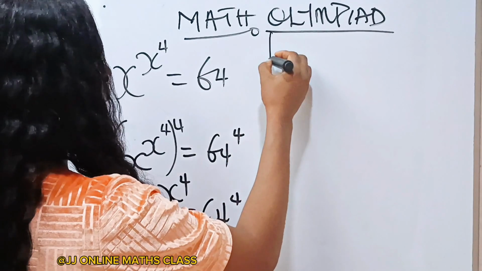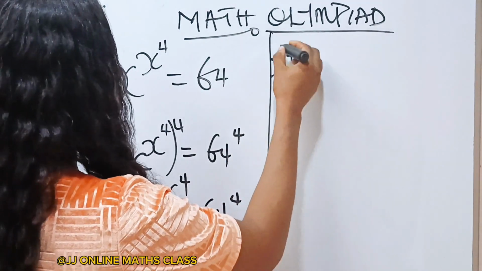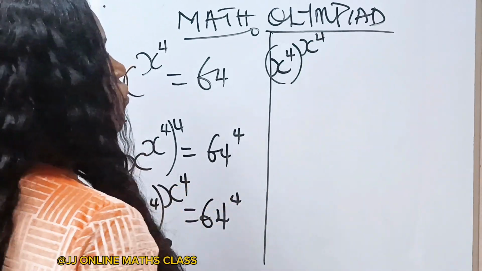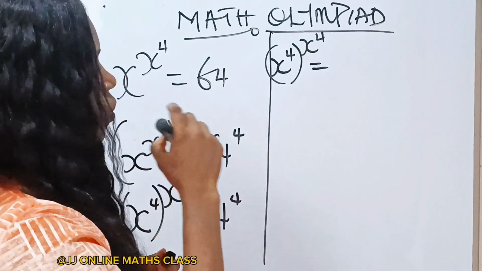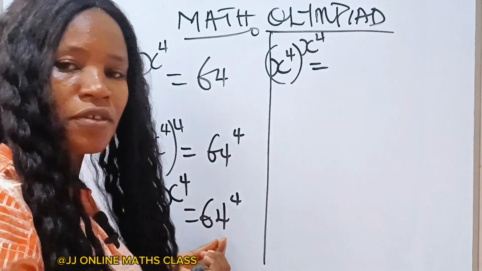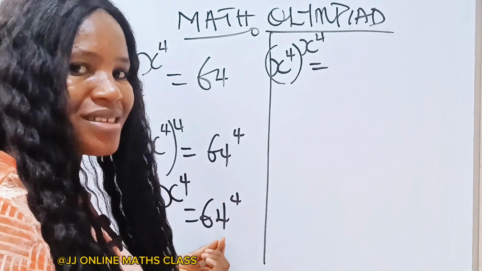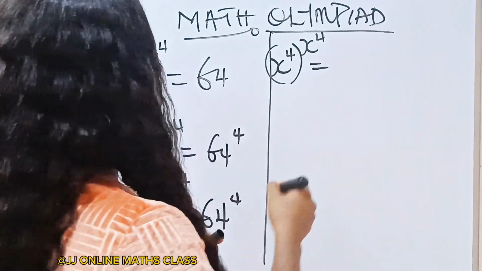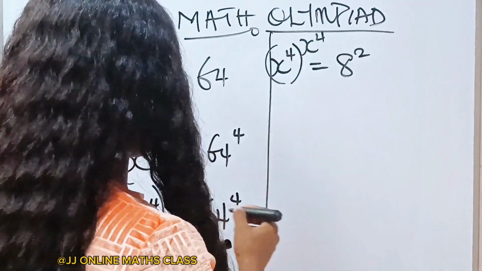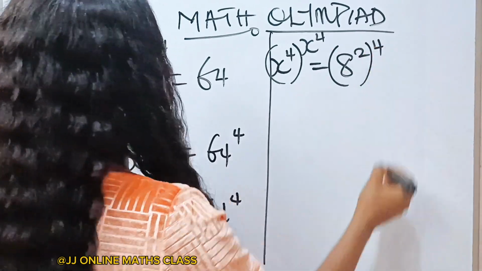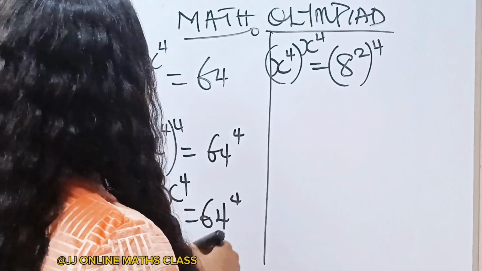So we have x to the power of 4 to the power of x to the power of 4 is equal to 64, which is the same thing as 8 squared, to the power of 4.